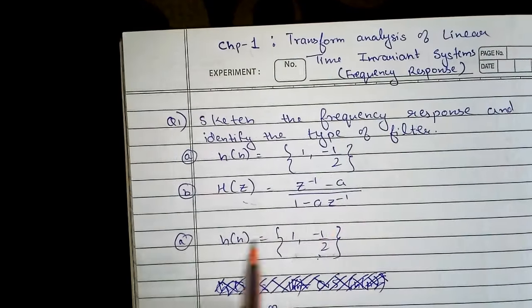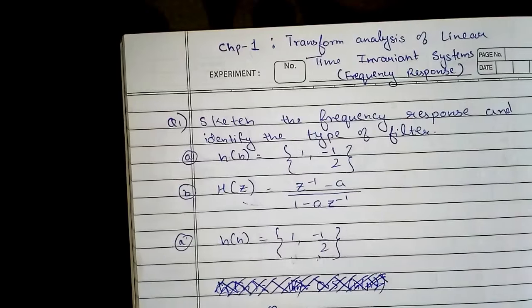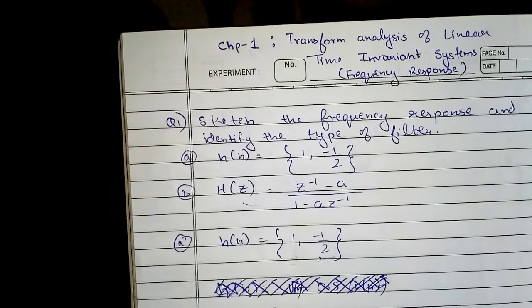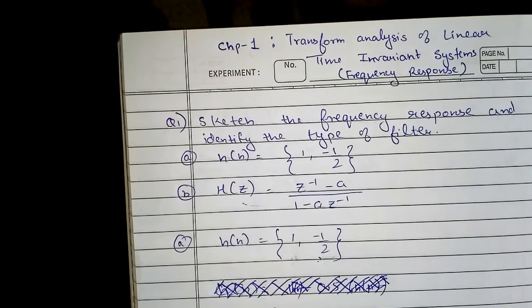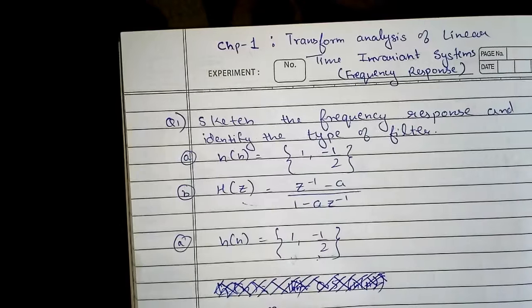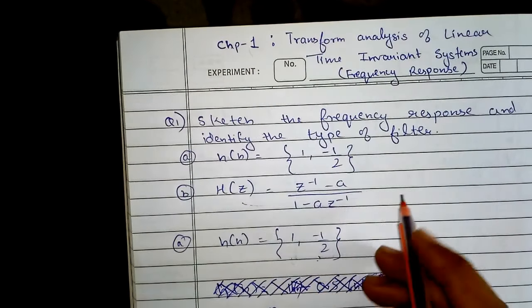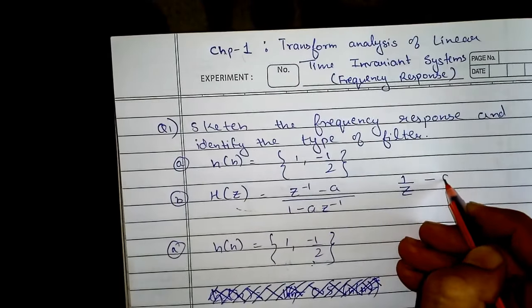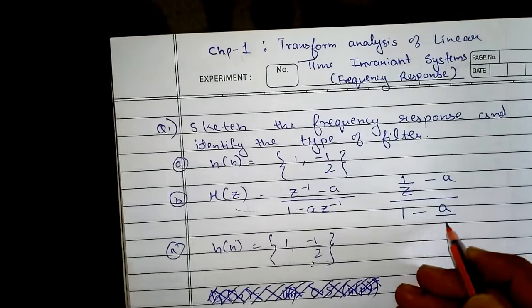Now let's come to the B part. Look at the B part here. What do you observe? I am given h of z beforehand. That means I do not have to take the z inverse. I just have to start from here. What I will do is write the z inverse as 1 by z minus a upon 1 minus a by z.